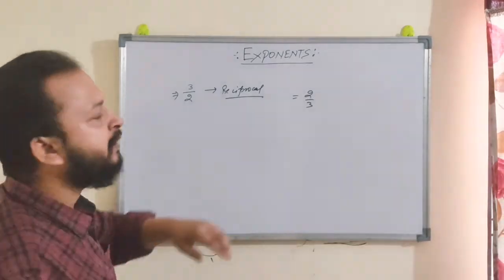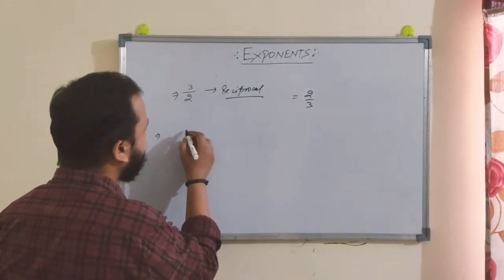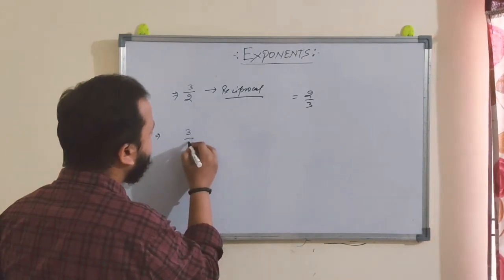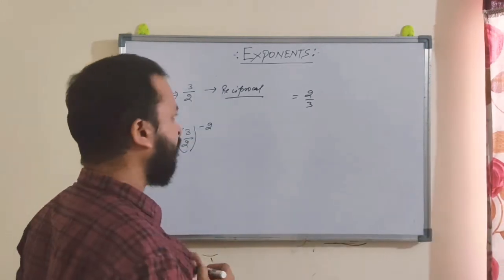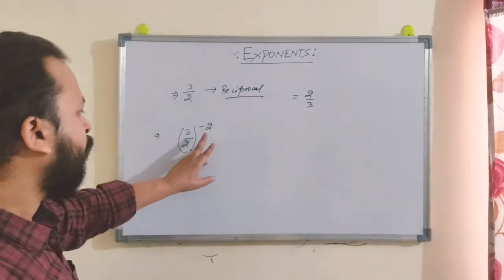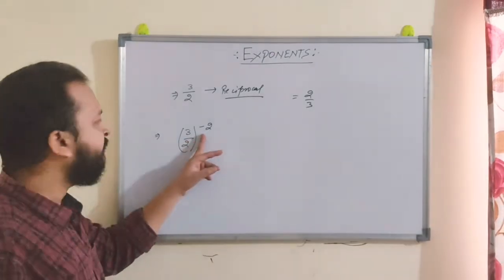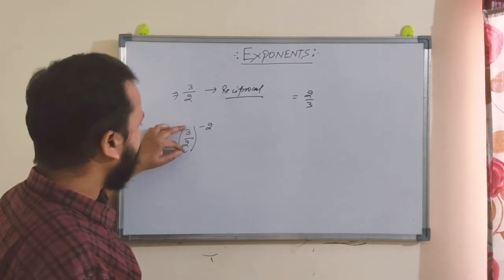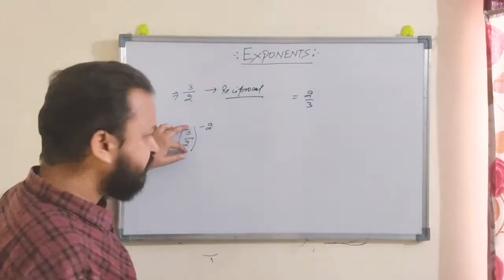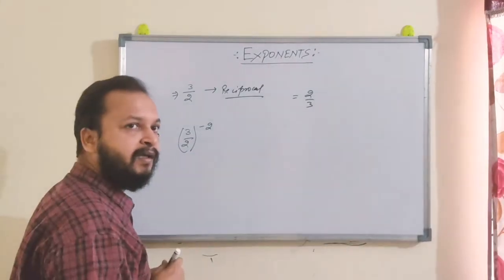get this part. So in exponents, suppose anything is written like 3 by 2 to the power minus 2. It means suppose any rational number is given and the power is negative, what you have to do is take the reciprocal of the given rational number, and then the power will be positive.